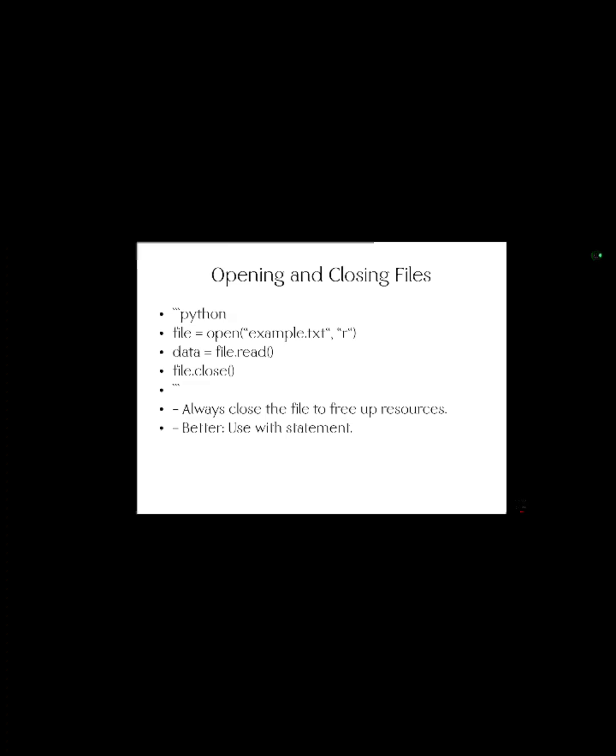The name of the file is example.txt, and we opened it as read. So open is a function which is used to open the file. Then we gave data equals file.read, meaning the file which is opened should be read, and that's the reason we used read as a function. Then at last we used file.close.